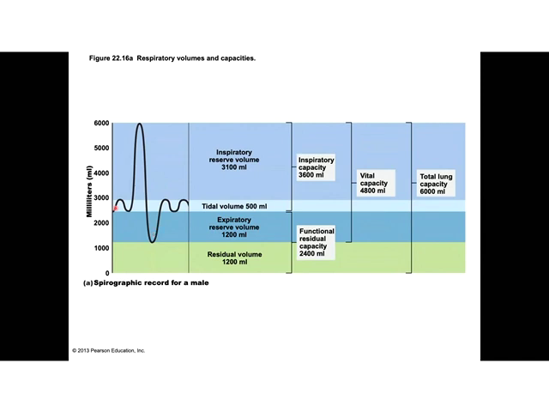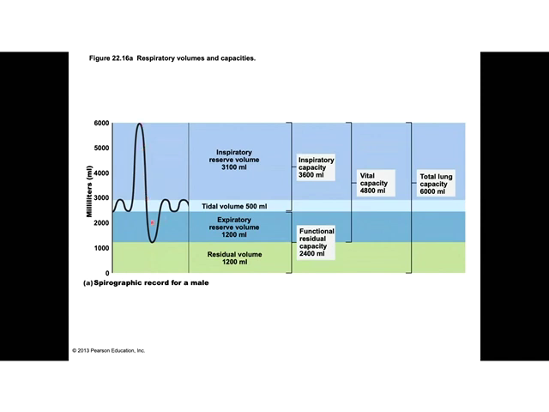all right? Your inspiratory reserve volume is everything above the tidal, okay? So it's this right here, all right? And this represents how much air you can pull into your lungs with a maximum effort.